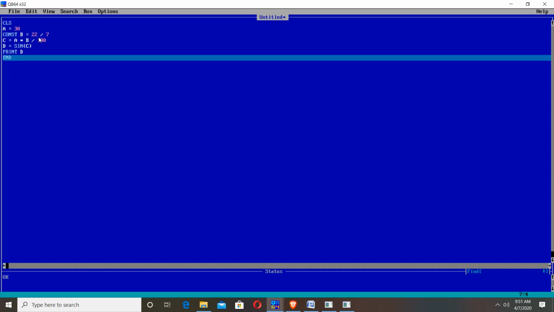That means just see here, the value of a is 30. This a is used for the angle, so the angle is 30 degrees. After that we have used here const. Const is the constant term, and b is assigned as a constant and its value is 22/7. Now c is equal to a times b upon 180.